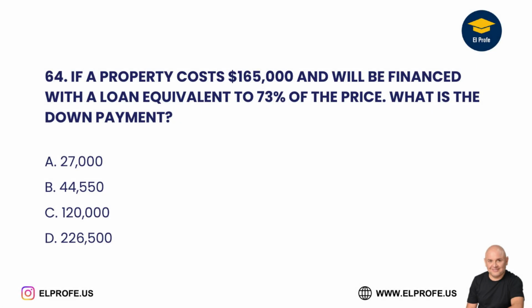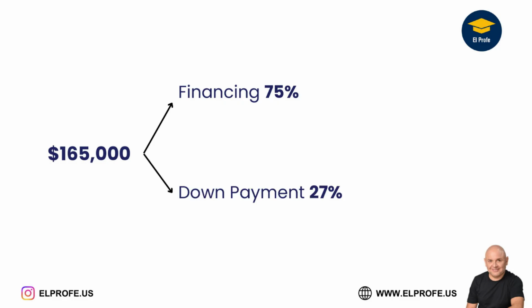64. Let's keep studying. If a property costs $165,000 and will be financed with a loan equivalent to 73% of the price, what is the down payment? So, let's put the price here, $165,000. And then we have the financing, which is 73%, and the down payment, which must be 27%.